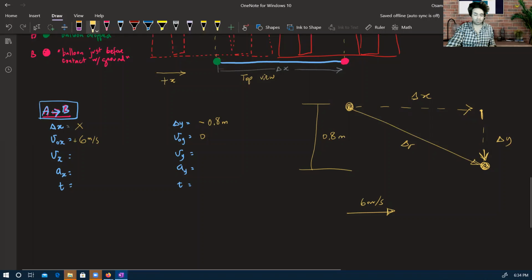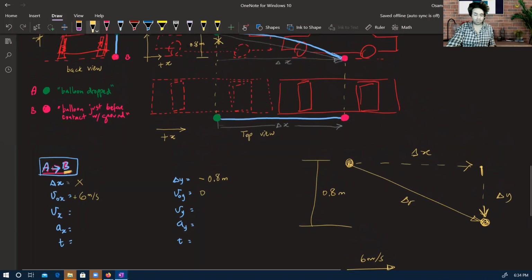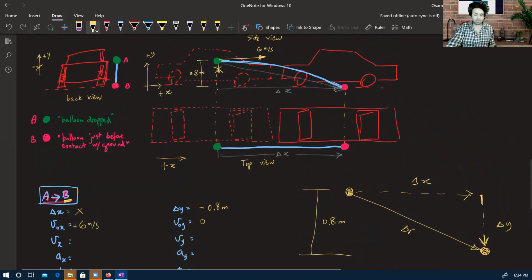The X and the Y components of the final velocity. Final means at the end of the segment, so at point B, I have to think about that. Do I know anything about the velocity at the end here? At the end, it's coming down like that, so it has some component to the velocity.